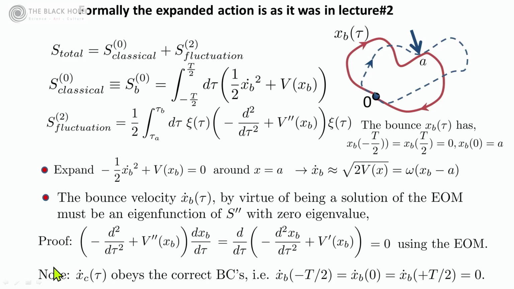And of course, this obeys the correct boundary conditions, which you've now seen many times over. So the bounce instanton is at rest to begin with. It's at rest when it comes to the point A, and then when it goes back to the point 0 at time T over 2, it is at rest over there again.